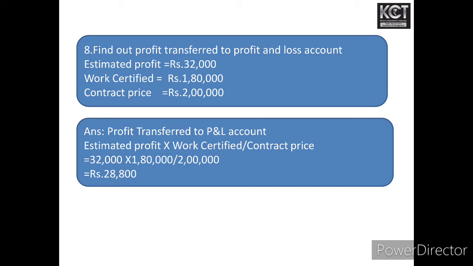Here estimated profit is 32,000 and work certified is 1,80,000, divided by contract price, that is 2 lakh. If you do this calculation you will get 28,800 rupees.